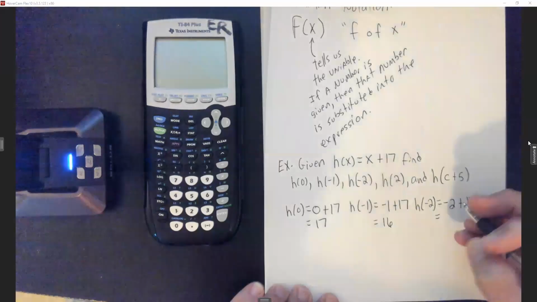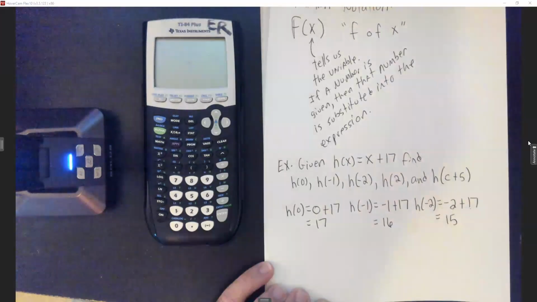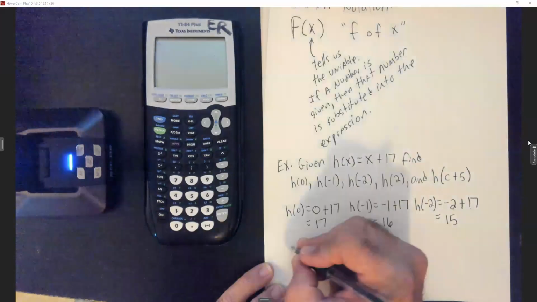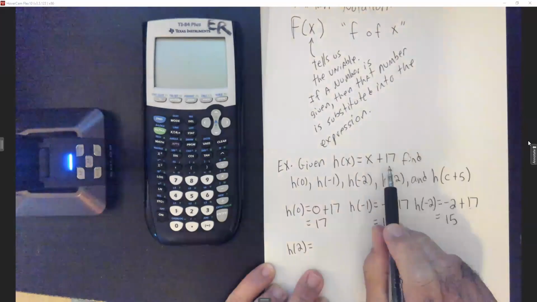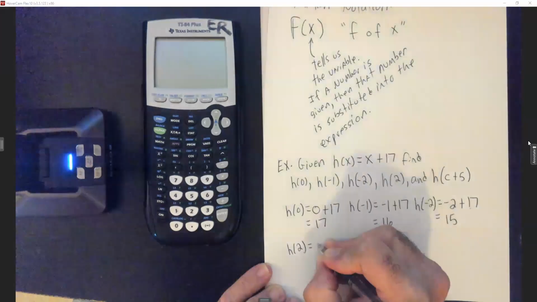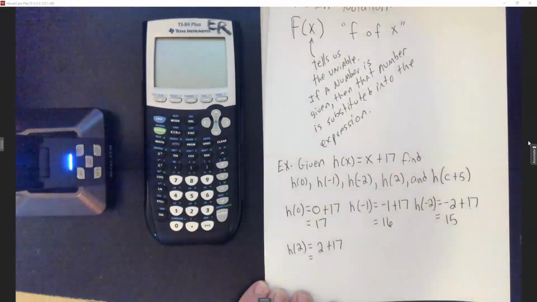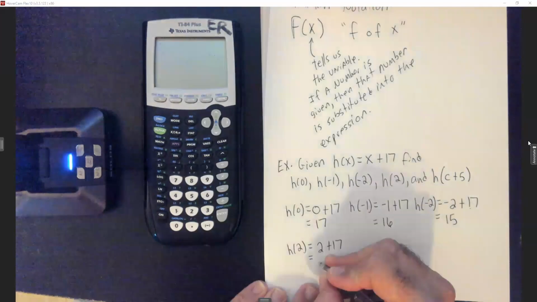Larger number is positive, so that'll stay a positive 15. Now, y'all, we got 2 more. Next one is h of 2. So we take the expression and put a 2 in for the x. That'll give me 2 plus 17, and 2 plus 17 gives us 19.